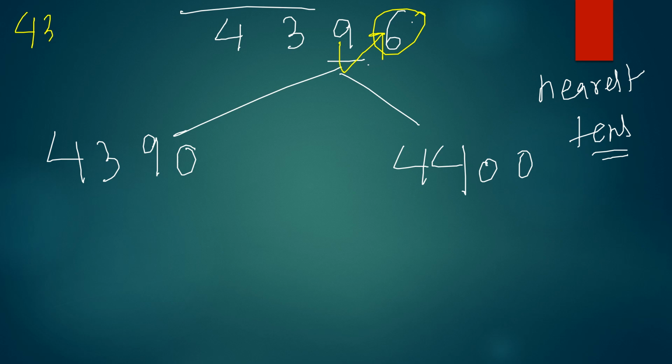So you see, 4396 will be rounded off to 4400. This is the way we have to do it. We just have to check what is the digit to the right. If it is thousands, we will look to the hundreds place. If it is hundreds, we will look to the tens place.